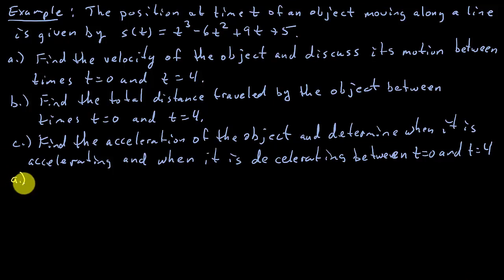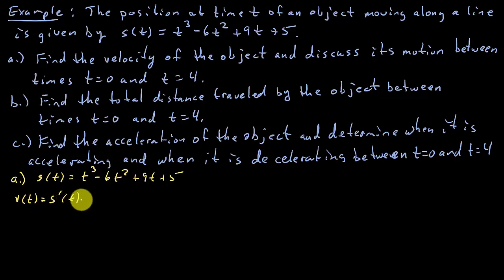All right, so find the velocity of the object and discuss its motion between times t equals 0 and t equals 4. All right, so we have s of t is equal to t cubed minus 6t squared plus 9t plus 5. So let's go ahead and find the velocity, which is just the derivative of the displacement function or the position function.